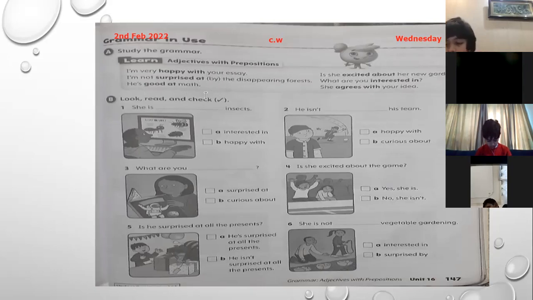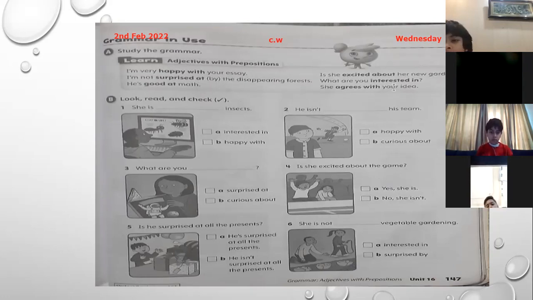When you're talking specifically about subjects, he's good or bad at something, so you always use at with it. You will not say he is good in math. No, he is good at math. He is good at English. He is not good at Urdu.